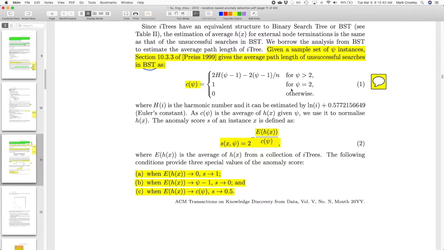C gives you this average number, and if psi is really low, then they have these hard coded ones. If it's higher, then they give you something based on the tree. And then the score, this is the more important part, they turn that into a probability, right? So they basically do something like a Boltzmann distribution, where you're saying, what's the expected value of this height value, which is just an average, right? So they are computing the average value of this height amongst all the trees in their forest, because they have many trees.